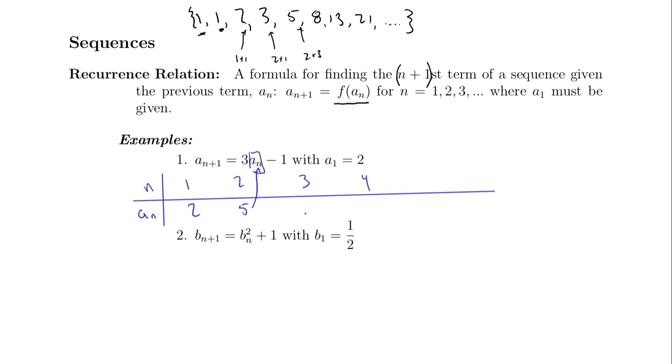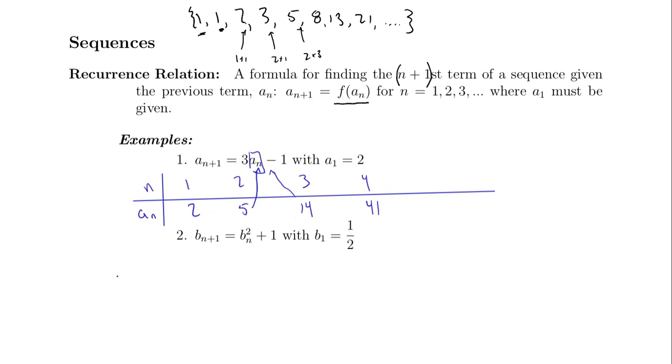So to find a sub 3, that's going to be 3 times a sub 2 minus 1. So that's 3 times 5 minus 1, so that's 14. And then we have 3 times 14 minus 1. So what's that? 42 minus 1. So we're at 41, probably. Something like that. And so the index itself is less important. What's most important is the term that came before it.